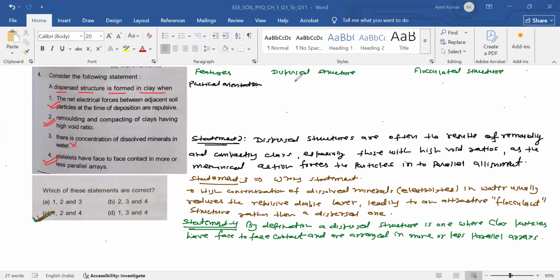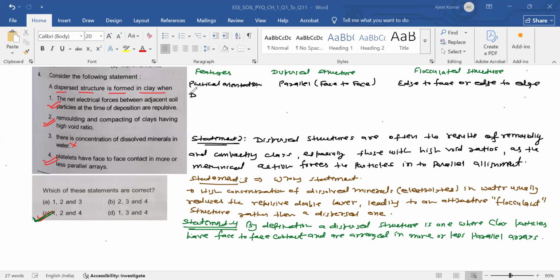In dispersed structure it is parallel, that is face to face, and in flocculent structure it is edge to face or edge to edge.